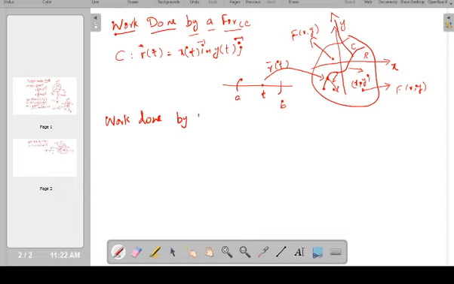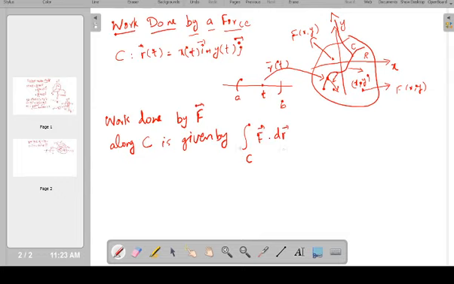Work done by the force F along C is given by, let us first write the formula, integral over C of force dot product with the infinitesimal displacement at that point.